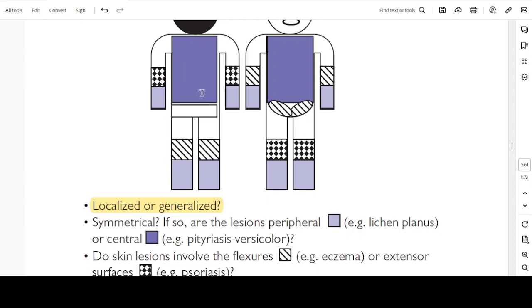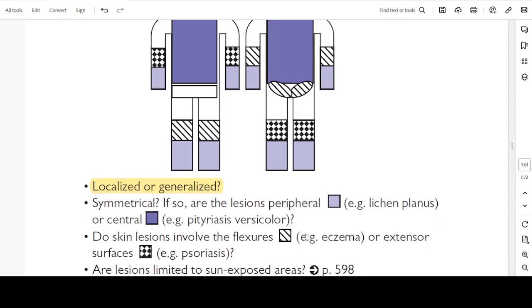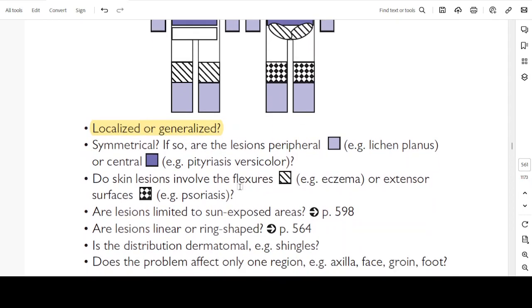Do the skin lesions involve the flexures, like eczema, or extensor surfaces, like in psoriasis? So lesions which involve the flexures are like eczema, or extensor surfaces, that is psoriasis.